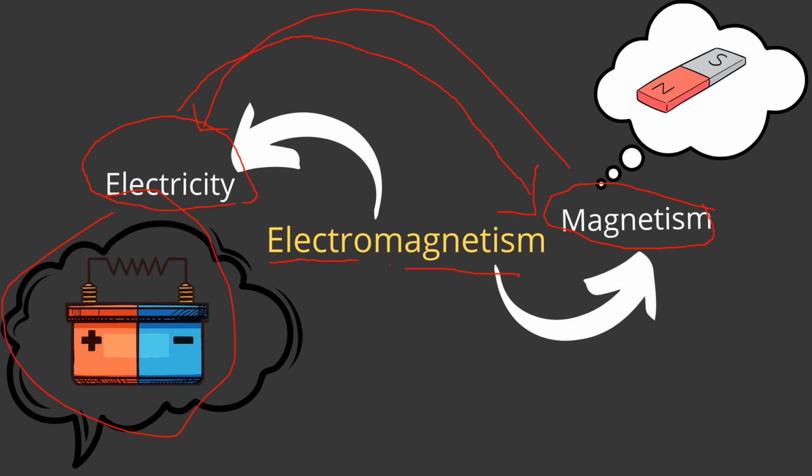And when we talk about magnetism, normally we're referring to the force. So think about a magnet that has both the north pole, represented by the letter N, as well as the south pole, right? And the force exerted by magnets when they repel or attract each other. If you take a magnet and try to combine two north poles or two south poles, they will repel.